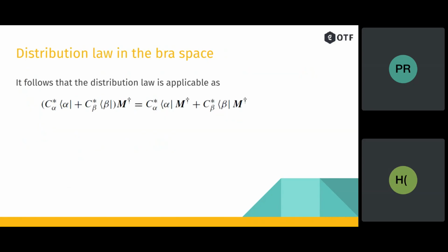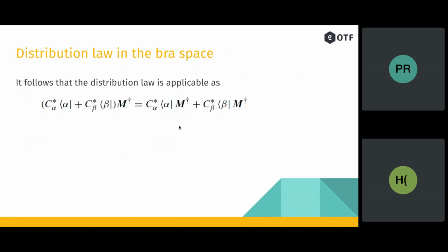So we have seen the distribution law. What is applicable for ket is also applicable for bra. When we take the complex conjugate, the distribution law applies, so whatever we did in ket space, we can apply in bra space, always as the complex conjugate.